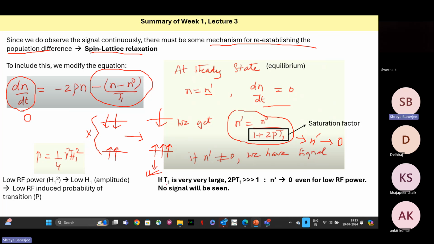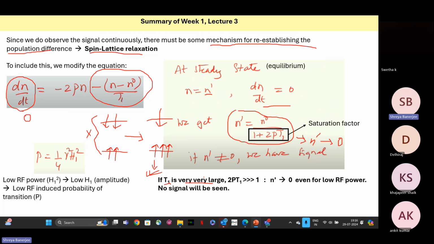So if the T1 is very large, Sir was discussing in one of his videos, in lecture 3 I think, that one person had recorded an NMR signal, but no signal was seen. And later it was found that it was because the spin lattice relaxation time was very large.